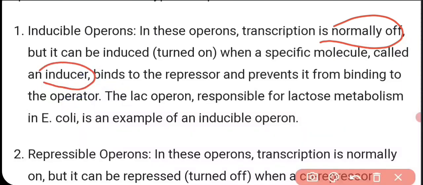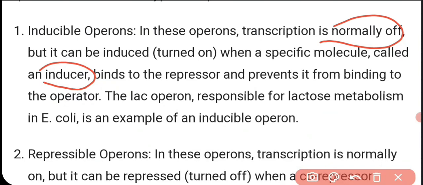A repressor is blocking the RNA polymerase from proceeding. The inducer will bind to the repressor, and by that the binding site of the repressor is blocked, so RNA polymerase can easily proceed and generate mRNAs.